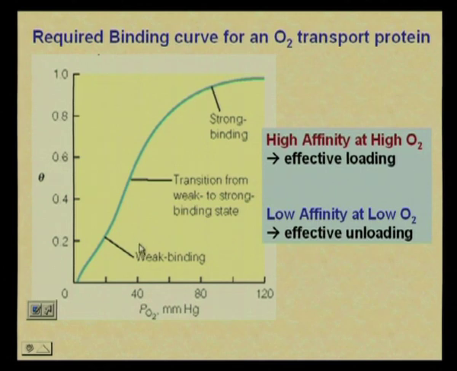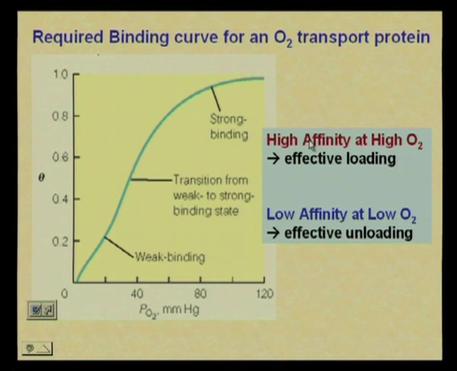When we are at this stage, we have low affinity at low oxygen levels, which means it is effective in unloading the oxygen. Okay? So, that is the optimum that the hemoglobin can do. It will bind it strongly, it will release it also strongly, depending on the partial pressure of the oxygen.